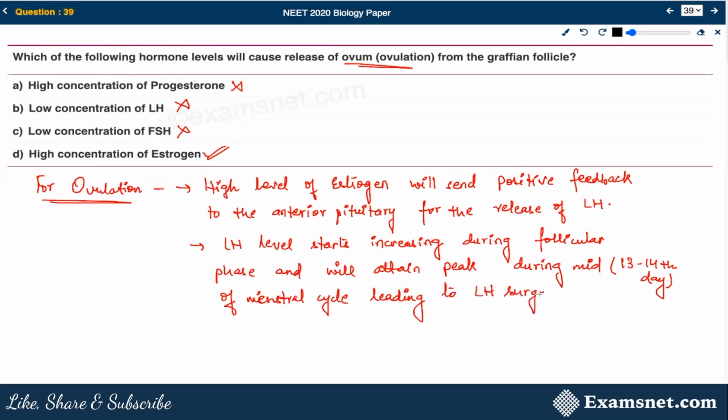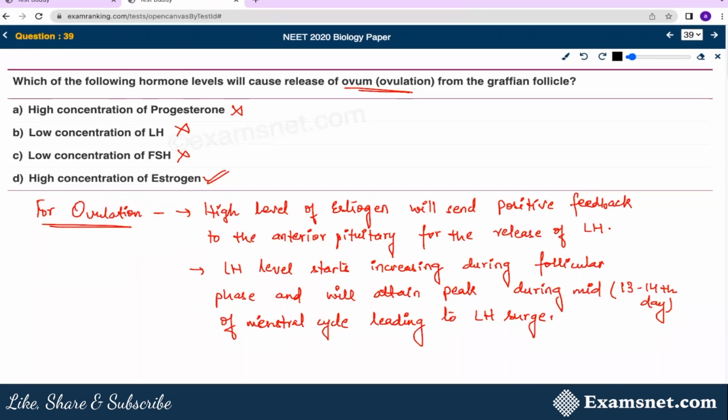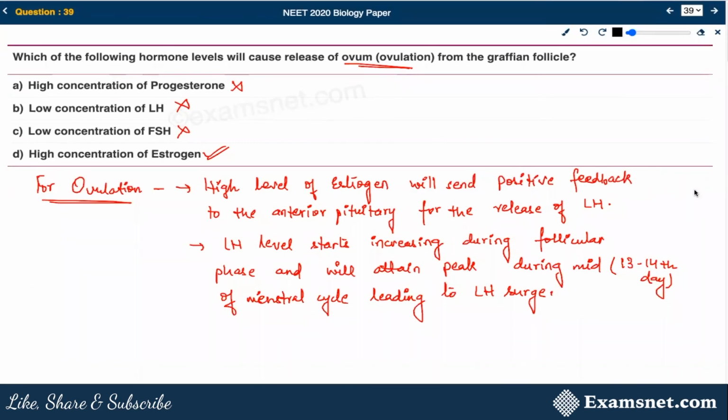And once the LH surge is found, this will ultimately result in the rupturing of the Graafian follicle, releasing the ova.